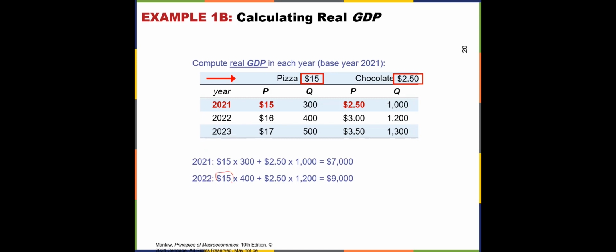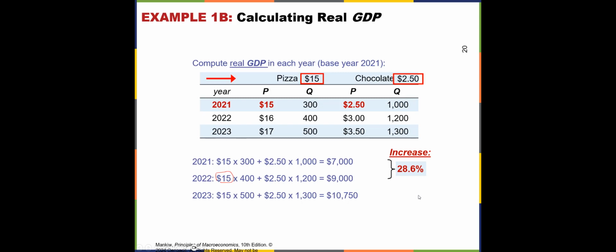I'm not changing the pizza price, but quantities are changing because I want to know if you produce more and what is the value of production. And here the price of chocolate doesn't change as well, and real GDP is 9,000. 2023, again, the prices are constant for pizza and chocolate, and the real GDP is 10,750.